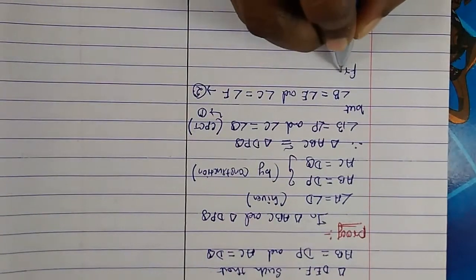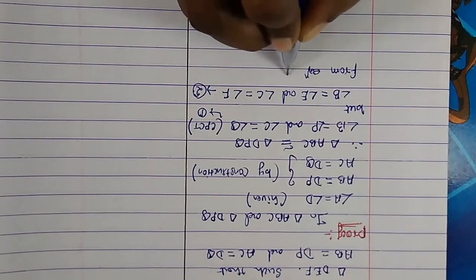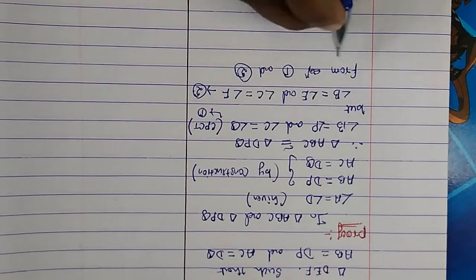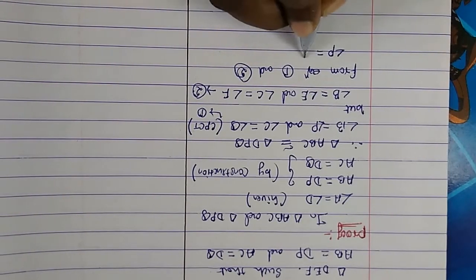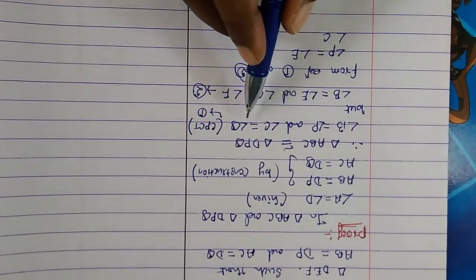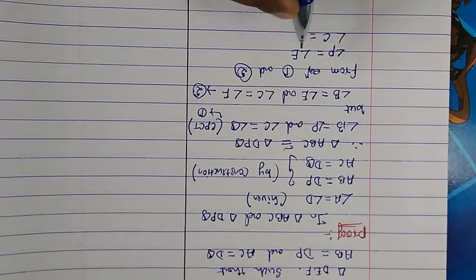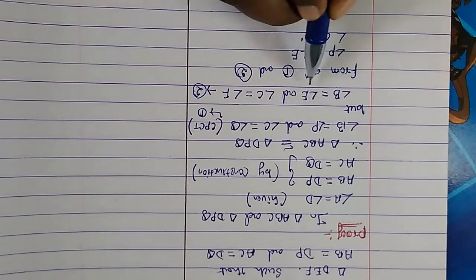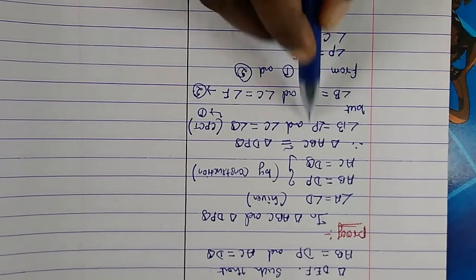So from equation 1 and 2, can we say that angle P is equal to angle E? Angle B is equal to P and angle B is equal to E, so these two will be the same.